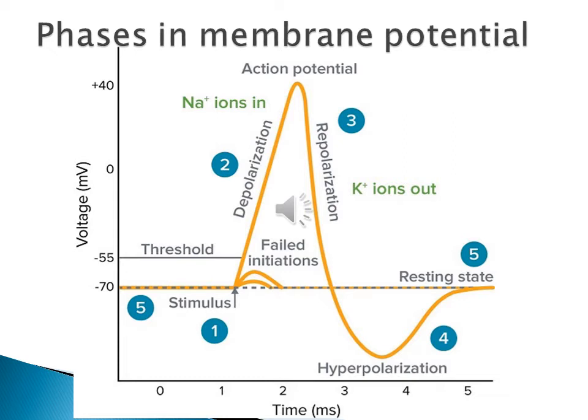So a quick note about the stimulus. As your stimulus strength increases, the frequency of the action potential will increase, but the amplitude of all action potentials is the same. So as we're defining what we consider to be the nerve impulse, we'll keep in mind that stimulus strength increases frequency. But we're going to talk about just one cycle. The goal for an action potential is to reach threshold, which is noted on this as -55, could be -50.